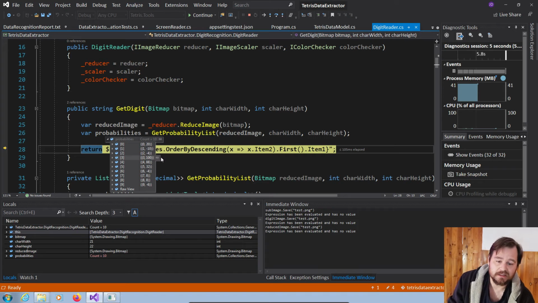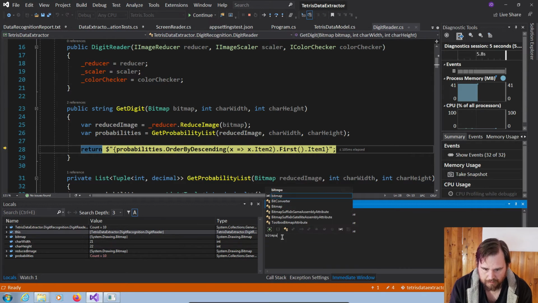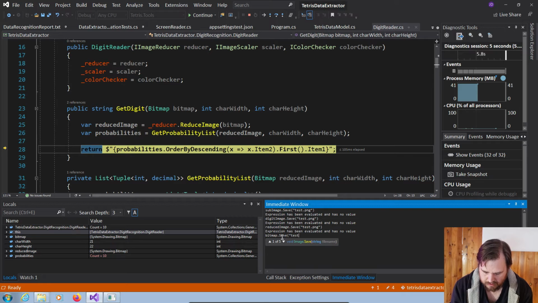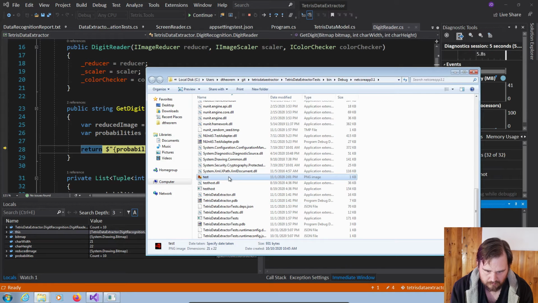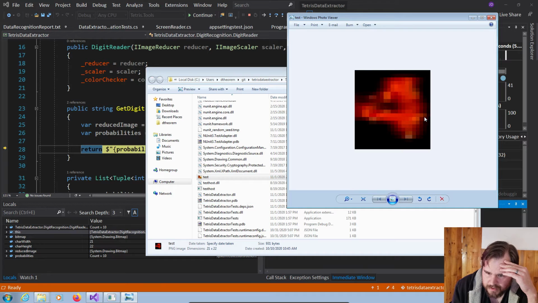But if we take a look at the actual bitmap before it was reduced, you can see there are some things sticking out here, but this whole thing is just being chopped off.